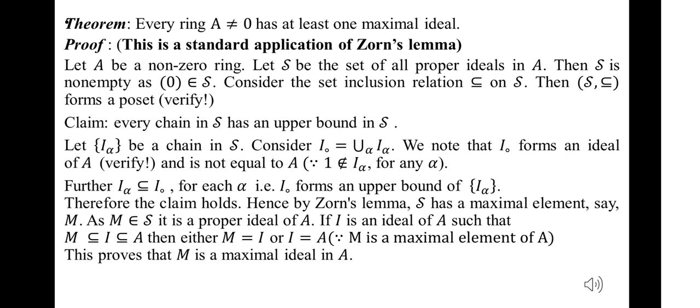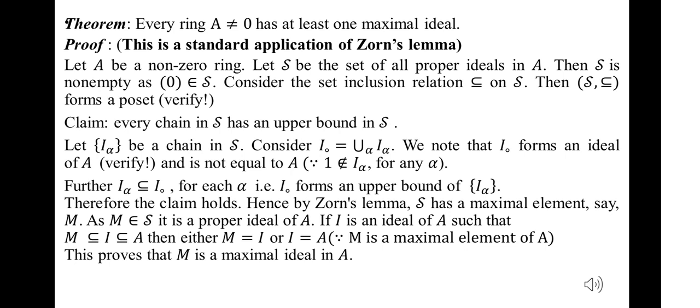Again, using the definition of an ideal, verify that I naught forms an ideal of A. Also, this ideal I naught is not equal to A, because I naught is a union of all I alphas, and because collection I alpha is a subset of S, you see that each I alpha is a proper ideal of A. So I alpha is not equal to A. That says 1 does not belong to any of these I alphas. Identity element is not in any I alpha.